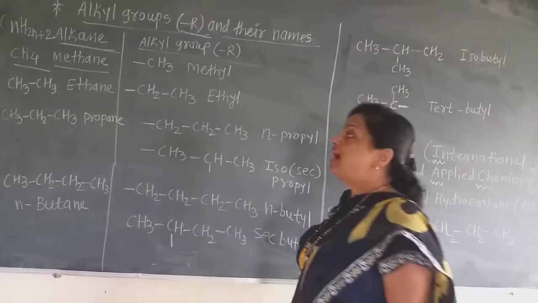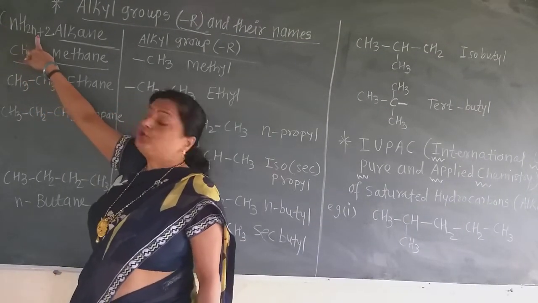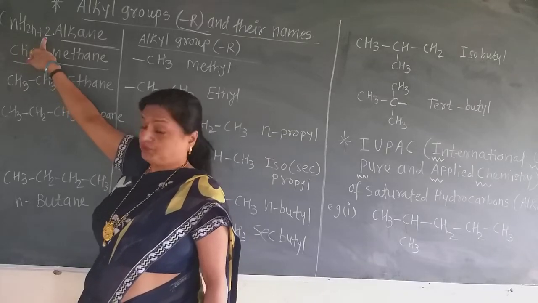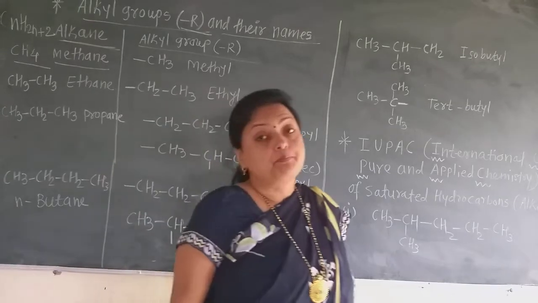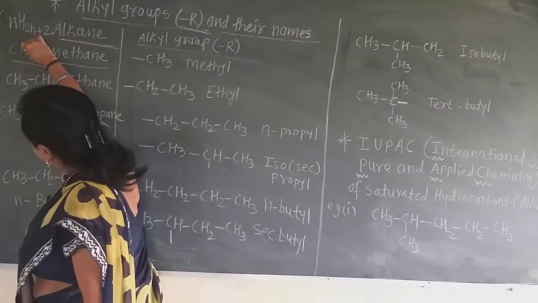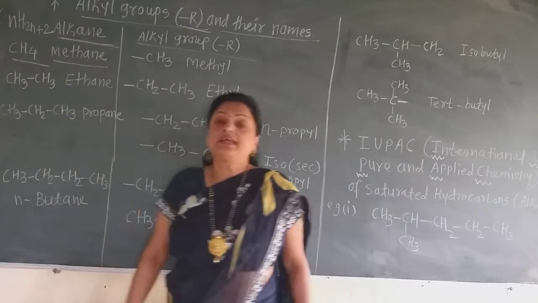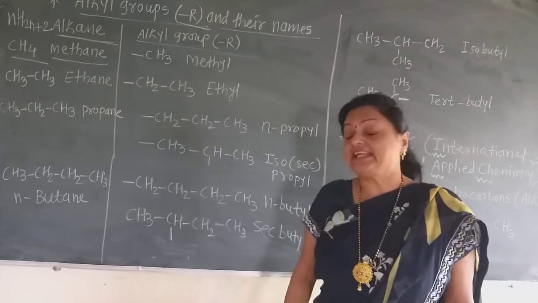If we put 1 as the number of carbon atoms, then 2 into 1, 2, plus 2, that is 4 hydrogen. Therefore, this is the first alkane, methane, C1H4.